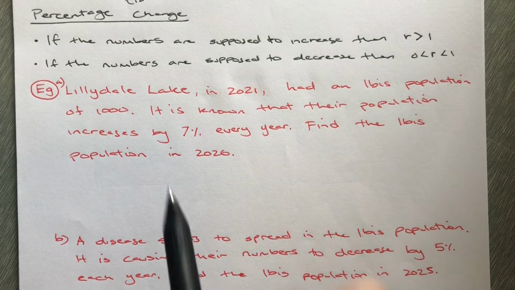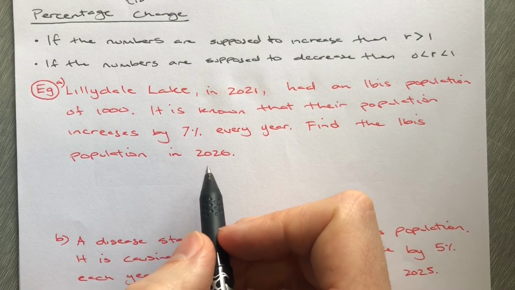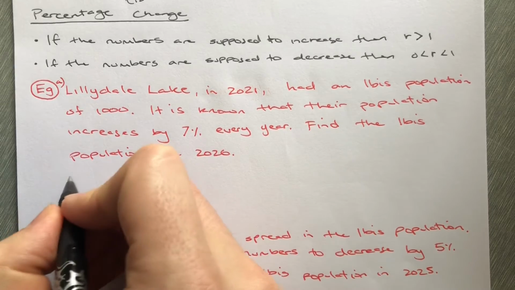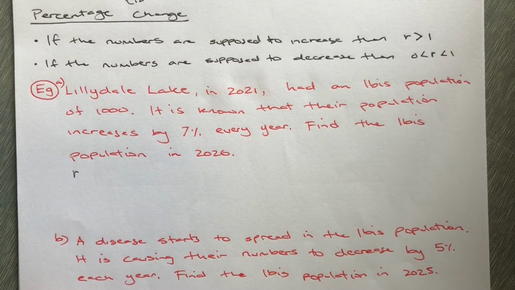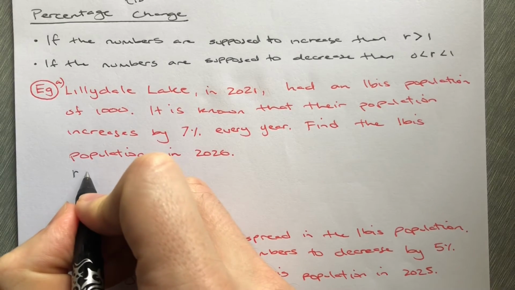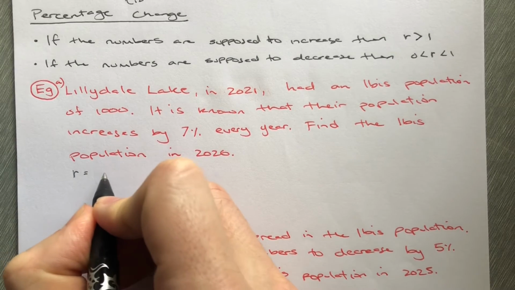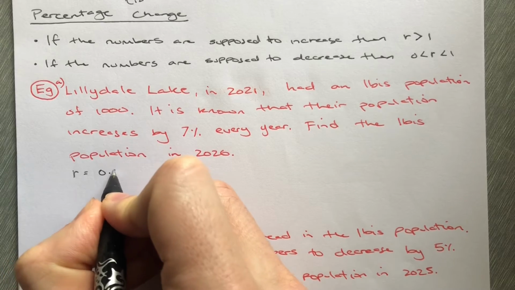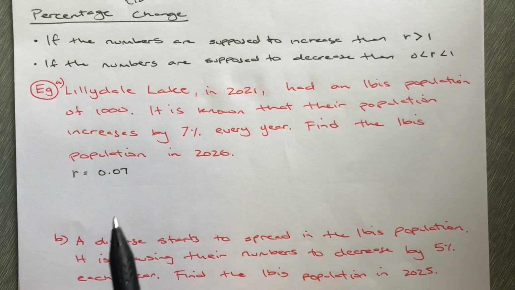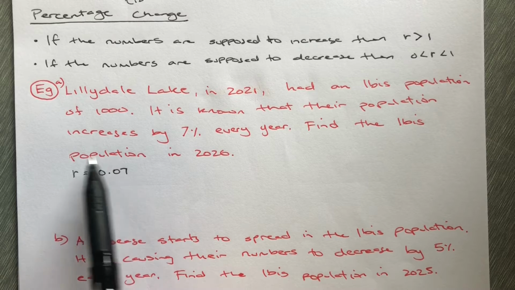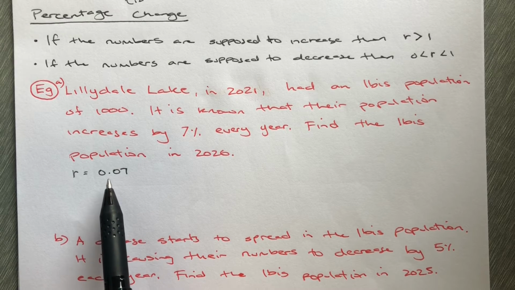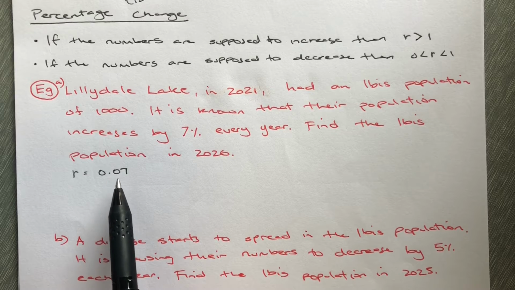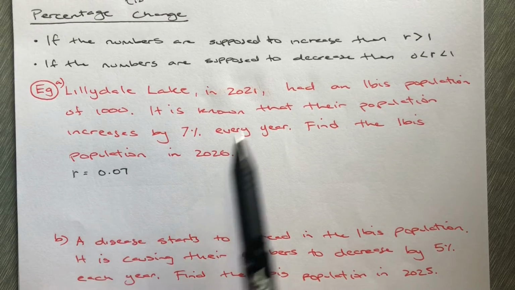So we need to work out what our R value is first. It says increase by 7%. Now, 7% in decimals is 0.07. I'm going to write that there, but hopefully we recognize that this is actually wrong. If I times by 0.07, my numbers are going to go down.